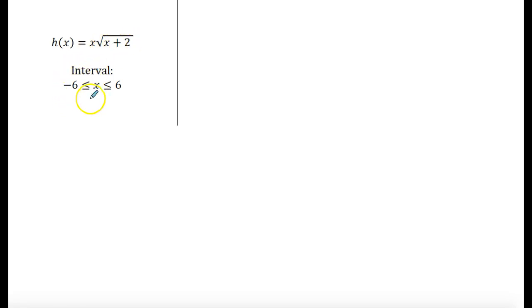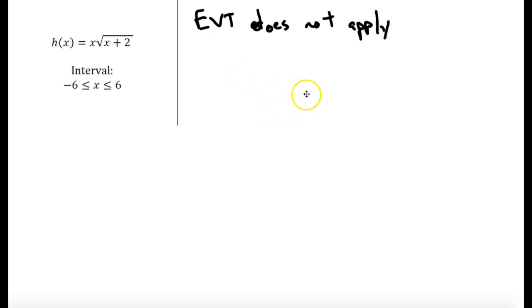That would be true of any value all the way up to -2, right? Not including -2. So if I put -2.001 in there, I would get a negative inside of the radical. So here, we would say the extreme value theorem does not apply because h of x is not continuous on this entire interval.